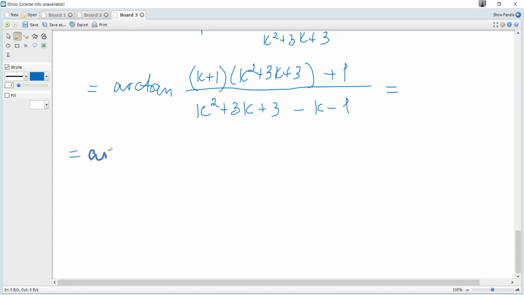And it becomes arctangent, and let's expand it.